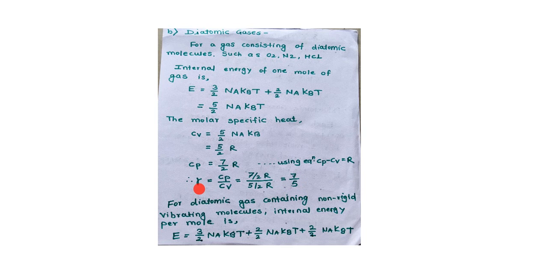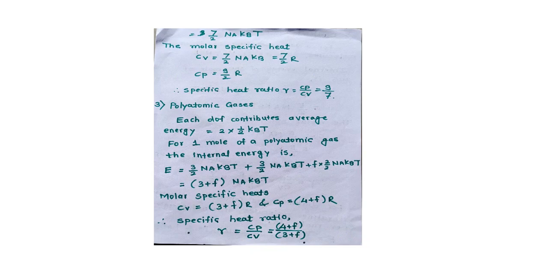For a diatomic gas containing non-rigid vibrating molecules, the internal energy per mole is E equals 3/2 NakBT plus 2/2 NakBT plus 2/2 NakBT. By solving this equation, we will get 7/2 NakBT, and the molar specific heats are Cv equals 7/2 NakB.